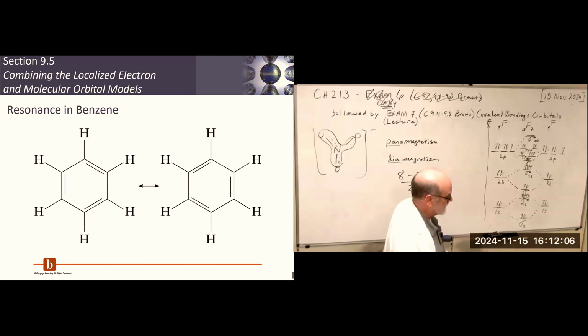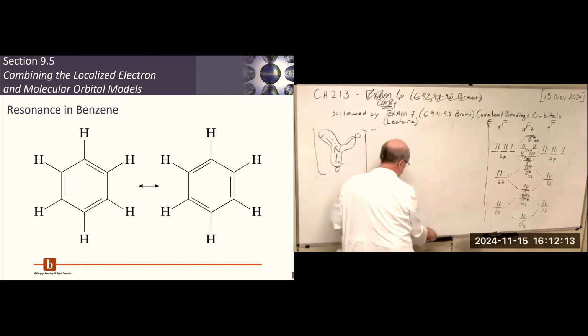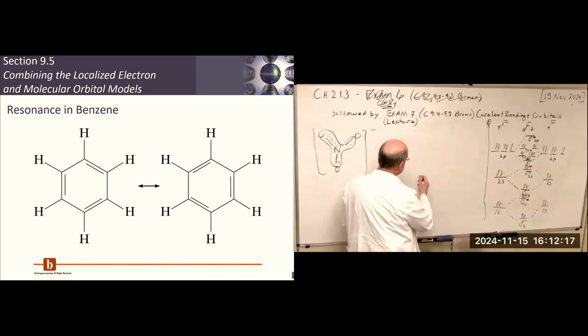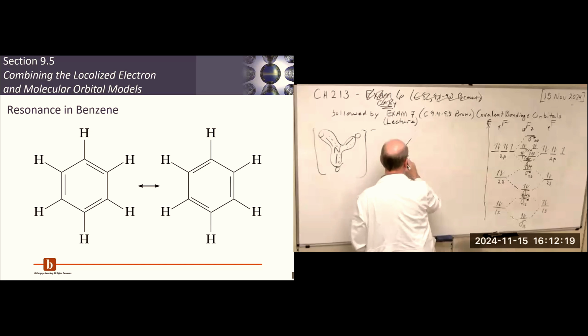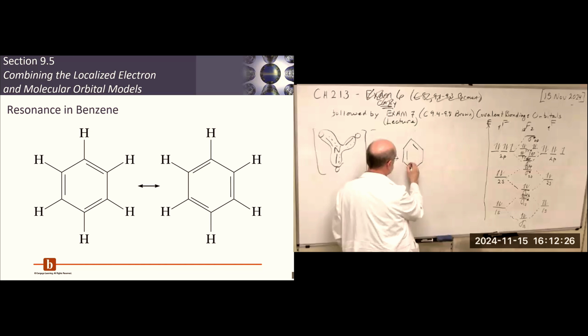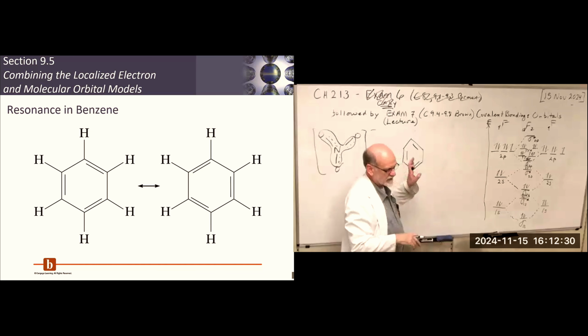Here's another example, benzene. When you see organic molecules, they might be drawn this way, with positions here, here, here, and here. This benzene molecule, you'll see it only drawn like that.